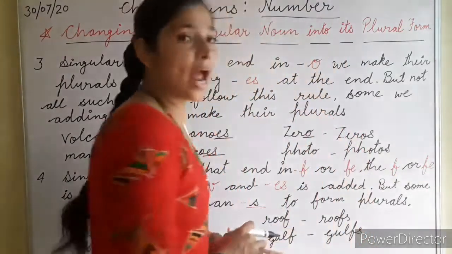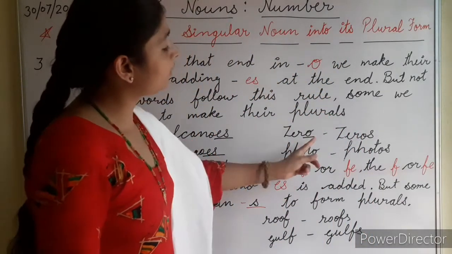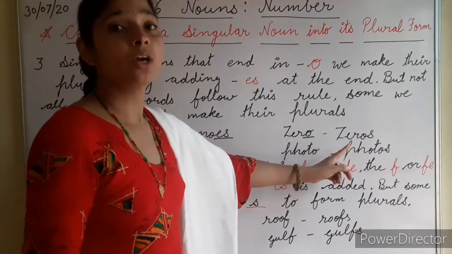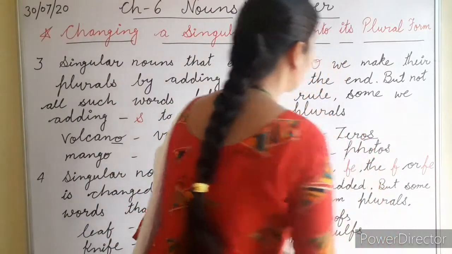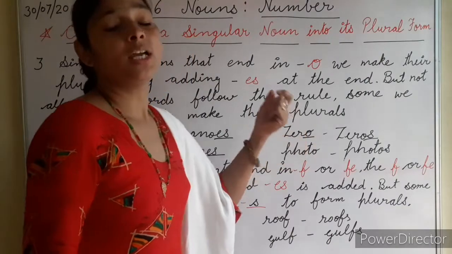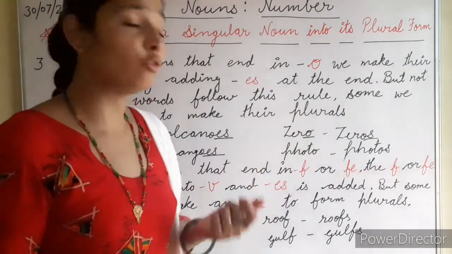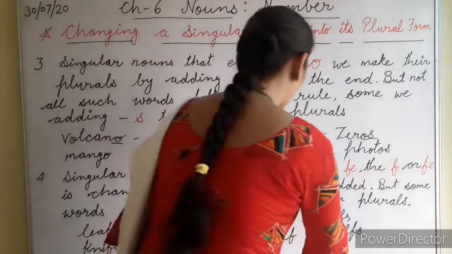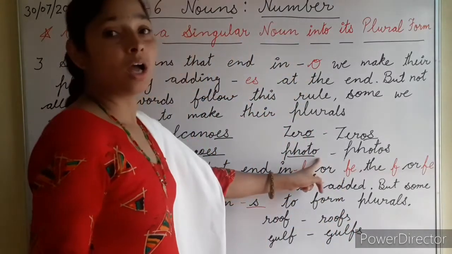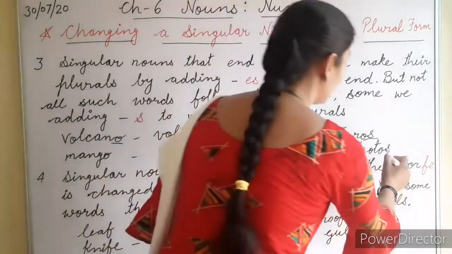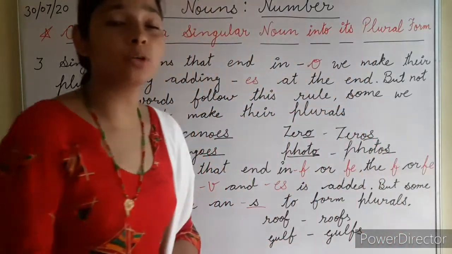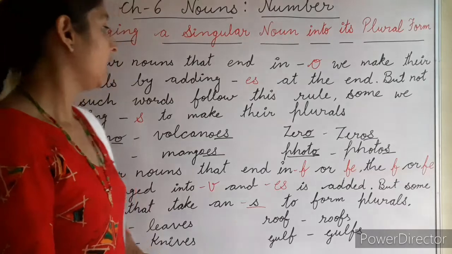That also ends with O, but we do not put es to make its plural. We only write zeros, because zero is included in this type of word. Next is photo. That also ends with the letter O, but here we also put only s, so its plural is photos.